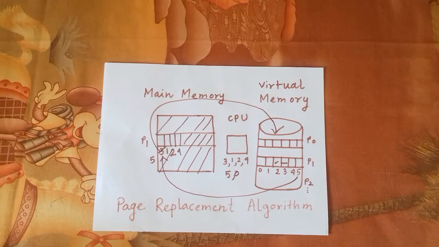So page fault is obvious if all the pages of a process cannot be accommodated into main memory from virtual memory before starting of the execution. So page fault is an obvious thing which is a drawback for the system, but still it happens, and because it happens we need to replace the page, and for that we have page replacement algorithms.